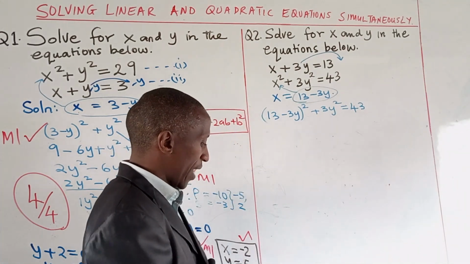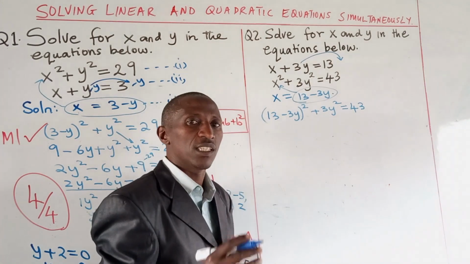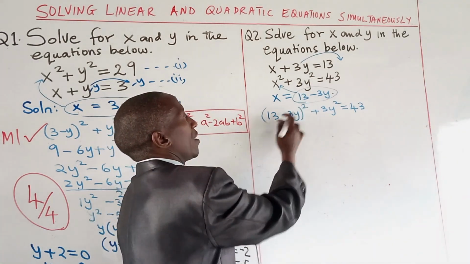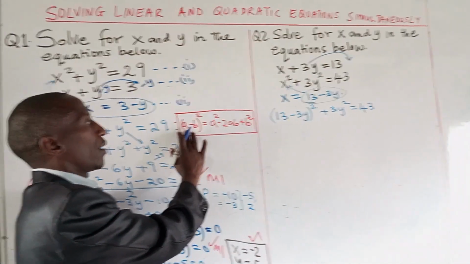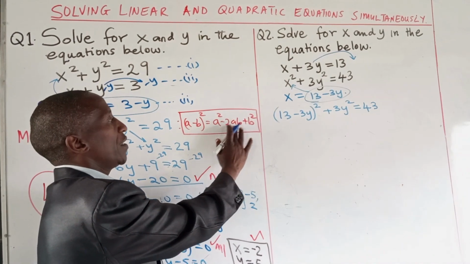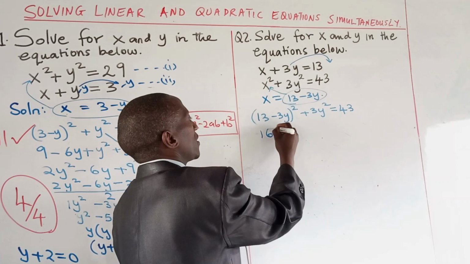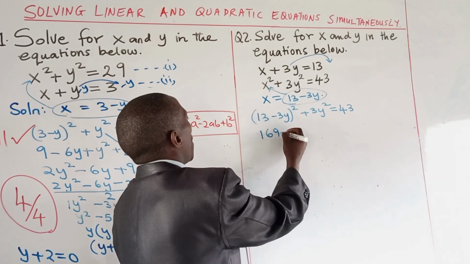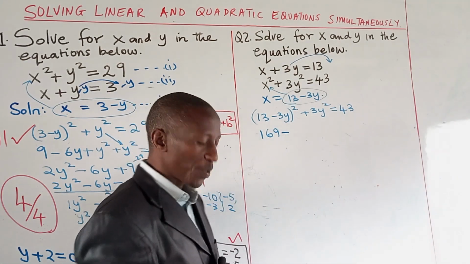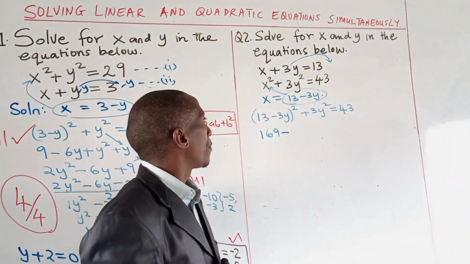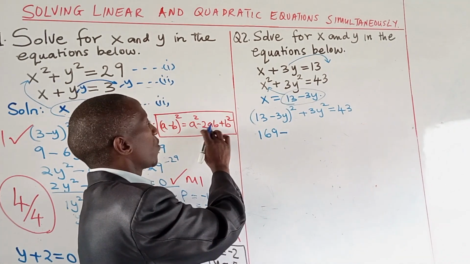So that requires us to work it out the same way we did in question number 1. We use the quadratic identity that we have here. We have a squared minus 2ab plus b squared. And that gives us 13 squared is 169 minus 13 times 3, 13 times 3, that is 39, multiplied by 2 because of twice.